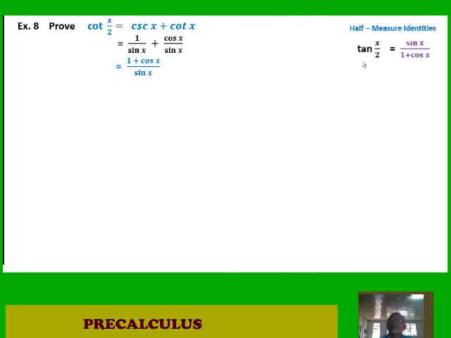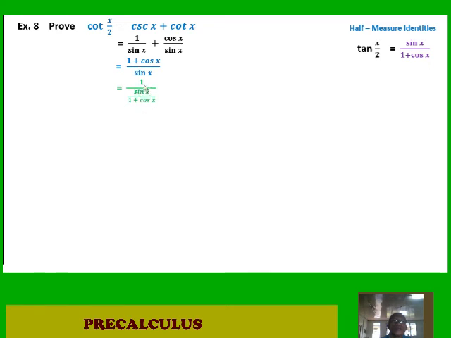We have here the half measure identity. Tangent of x over 2 is equal to sine x over 1 plus cosine x. If we are going to get the reciprocal of this fraction, 1 over, then get the inverse. The sine x becomes the numerator.